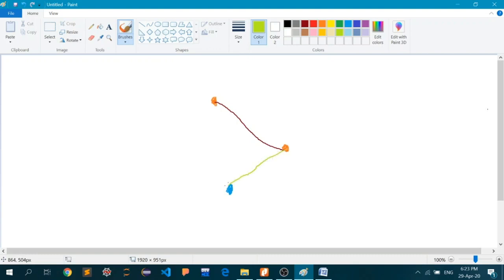Now this relationship defines the connection between these two data points, but I haven't drawn any line between your Facebook page and this Facebook page.